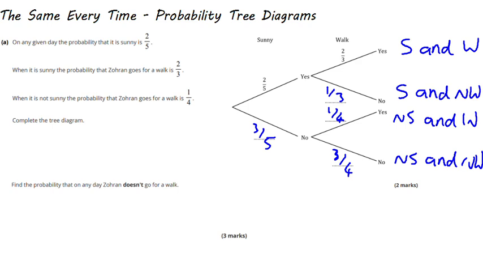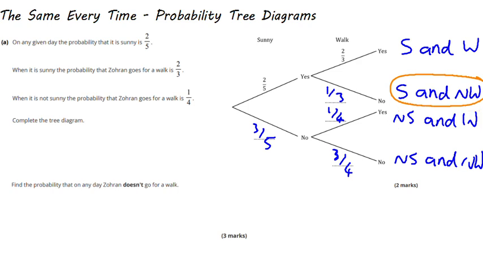Find the probability that on any day Zoran does not go for a walk. So what I need to do is look down my list of options and see which of these options involve not going for a walk. Well, this option involves not going for a walk. This option actually doesn't, so I'll just take that one off.